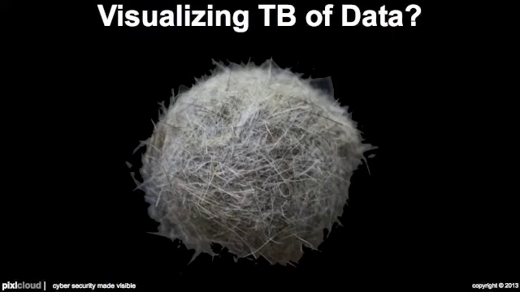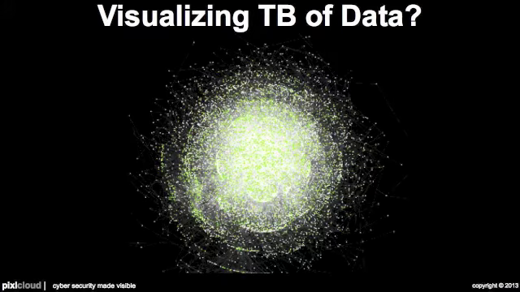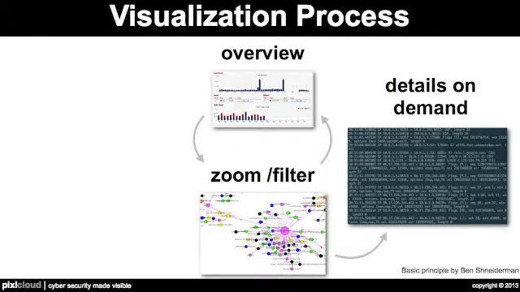Now, how do you visualize a terabyte of data? That's basically what it comes down to, right? I say visual analytics, you say, show me how you visualize that data. Well, you get a hairball in general. Here is the more computer science picture. Ben Shneiderman, University of Maryland, came up with this principle: overview first, zoom and filter, details on demand.